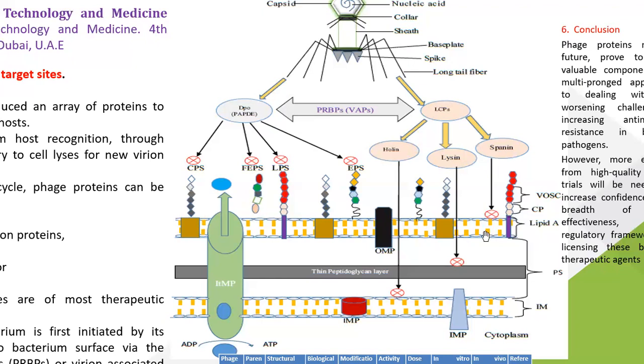While those that act during progeny release are also called lysins, and this is called the holin-lysin spanning system.